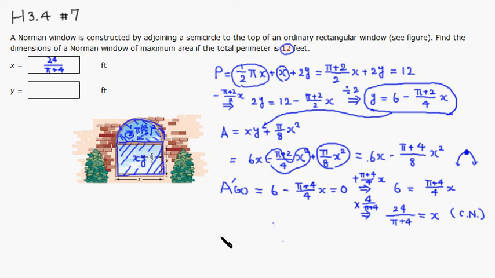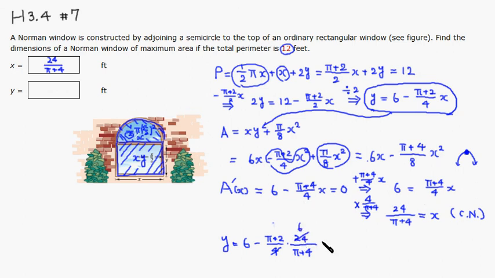So y is equal to 6 minus (pi plus 2) over 4 times the x value, which turned out to be 24 over (pi plus 4). You can see that 4 and 24 cancel out, and that gives you 6.